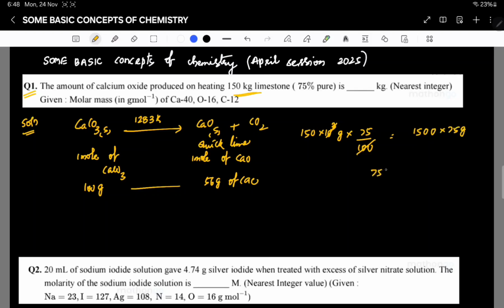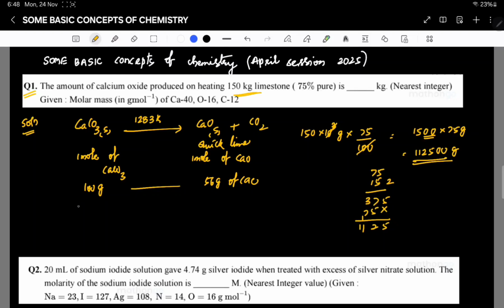Now we will multiply 75 into 15, which is 1125, into 100, so we get 112500 gram, right?